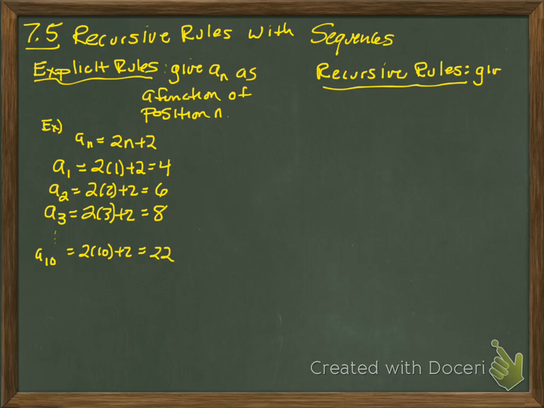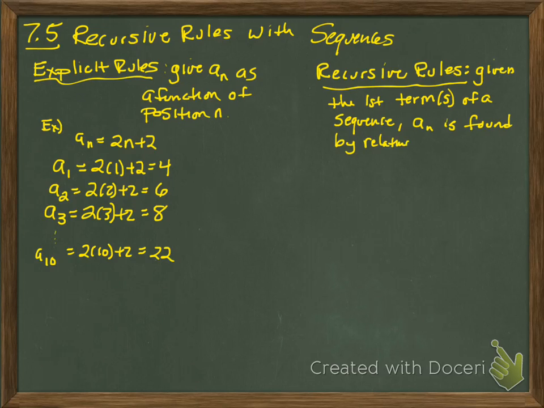Given the first term, and sometimes they'll give you more than one term, a sub n is found by relating to previous terms.